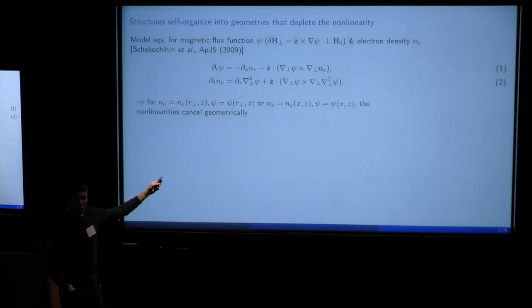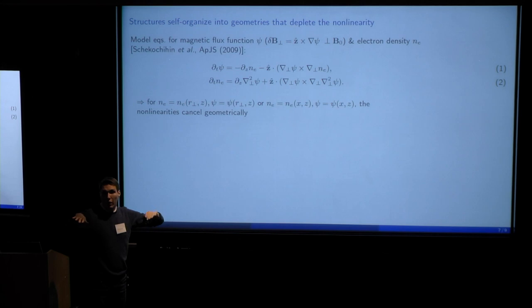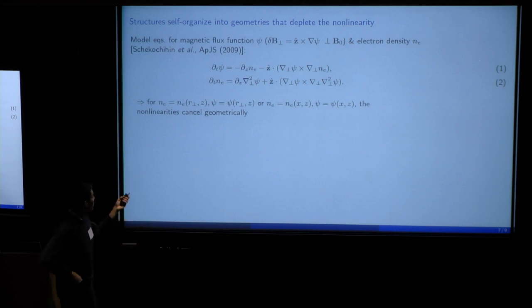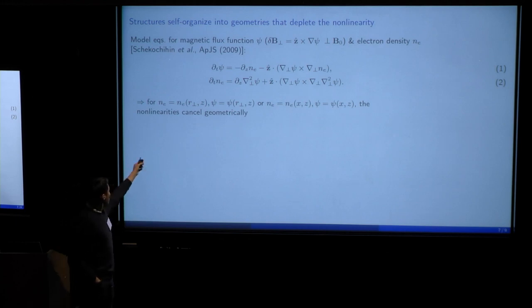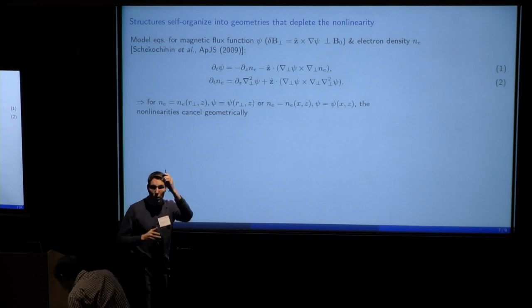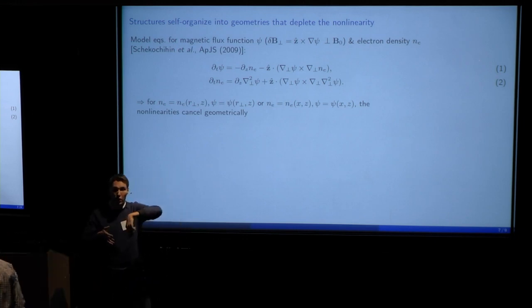The nonlinear terms on the right are basically cross products between two perpendicular gradients, perpendicular to the mean magnetic field. What's maybe interesting to observe is that, let's say, consider the case that both of these fields, the electron density and psi, just depend on the parallel coordinate and just on the radial coordinate.